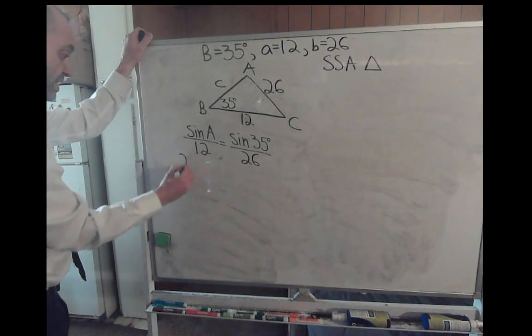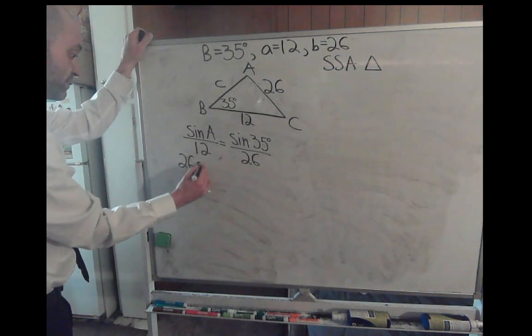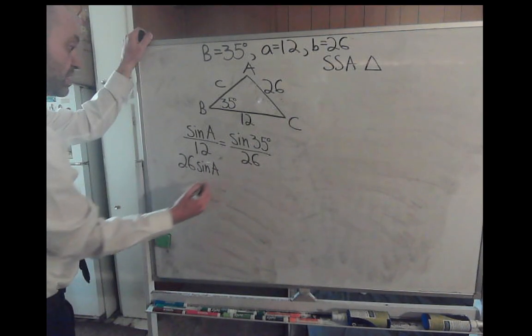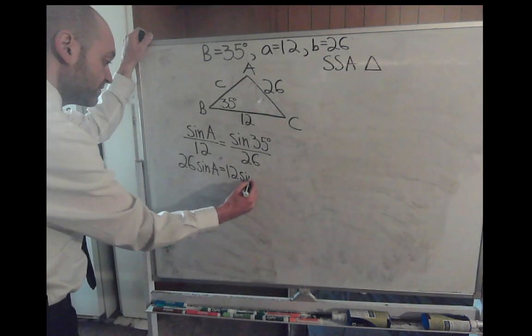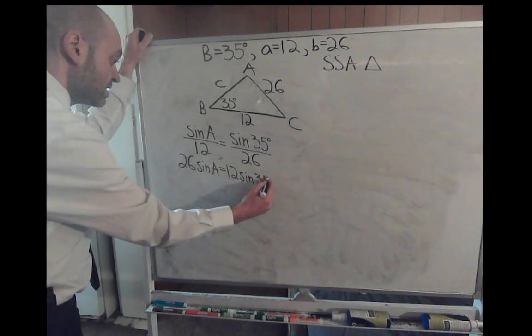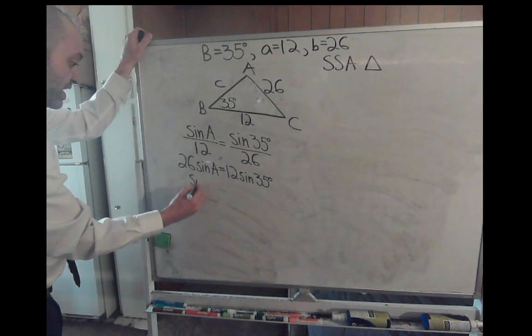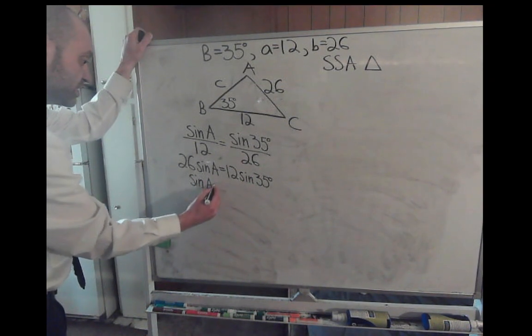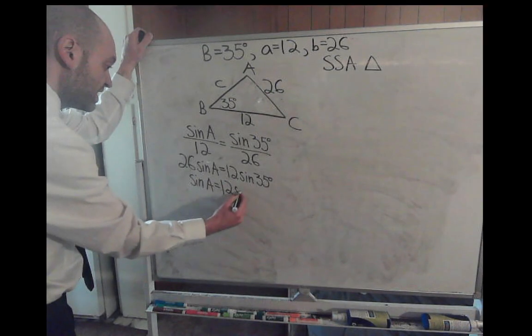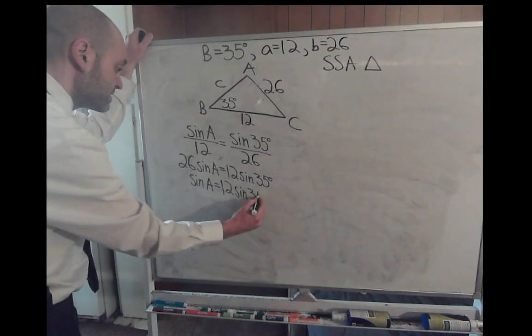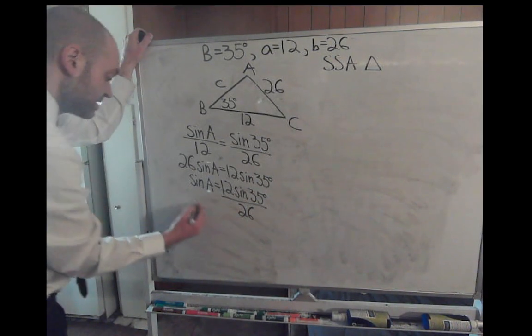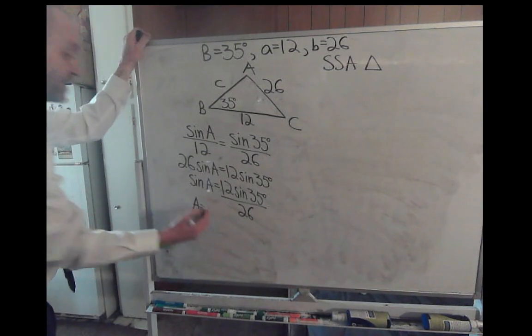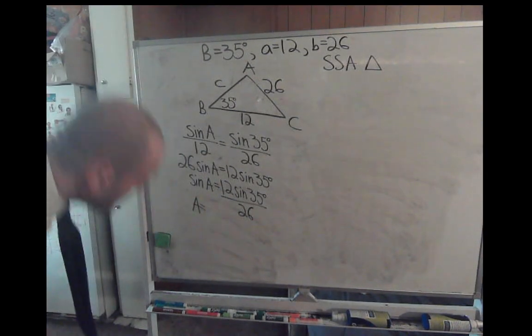So that means 26 times the sine of A would equal 12 times the sine of 35 degrees. So the sine of A is going to equal 12 times the sine of 35 degrees all over 26. So then A would just be the sine inverse of all that. Let's see what the heck that is.